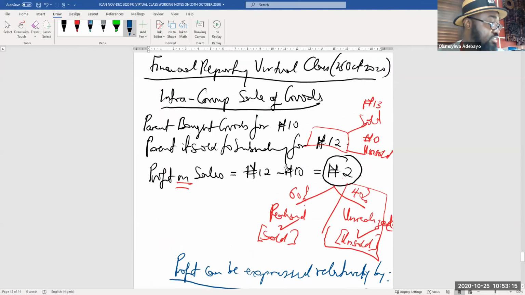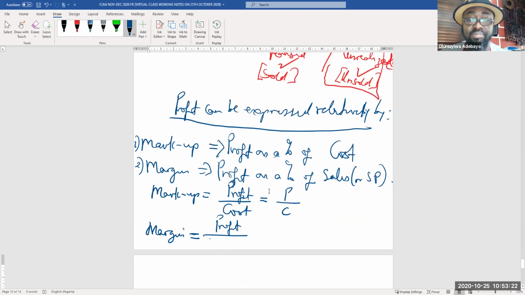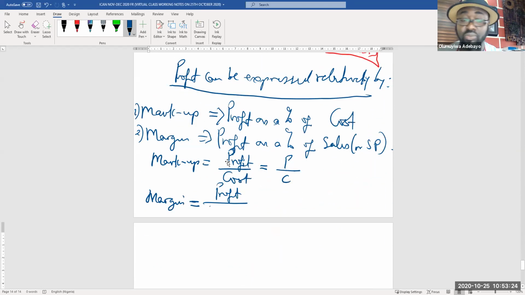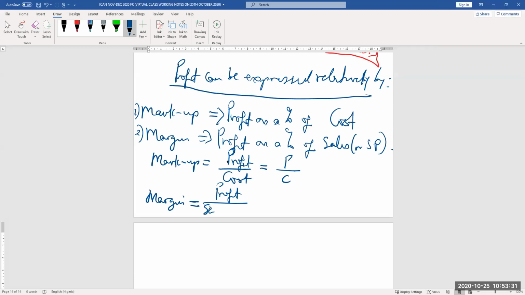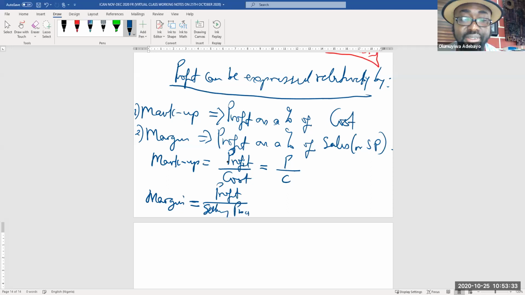Now, this was the first one I mentioned, which was the same thing as the example I made earlier. But this is what I'm doing now. Margin is our selling price. Profit as a ratio of selling price.